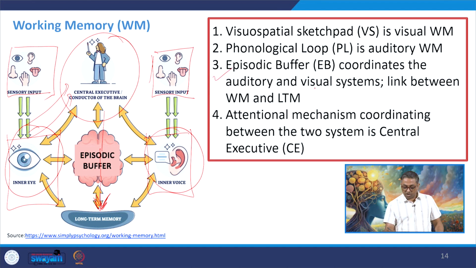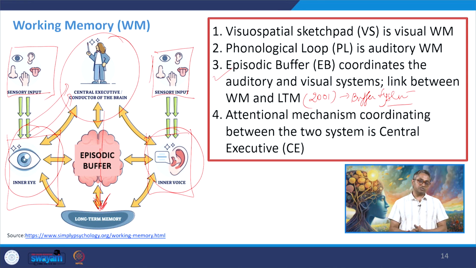When in 2001 Baddeley and Hitch added the buffer system, the idea was very simple: how are the two types of information, auditory and visual, going to be integrated? Initially, people assumed that no such integration was happening between the two. Initially, it was assumed that only one information was going into the central executive system.